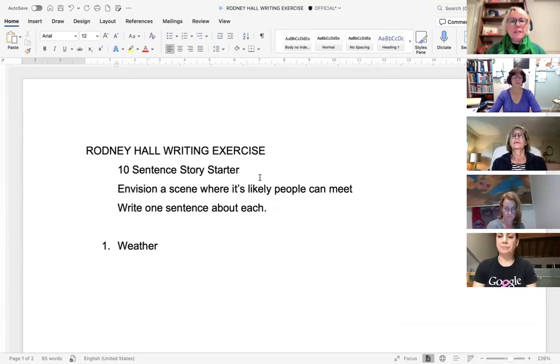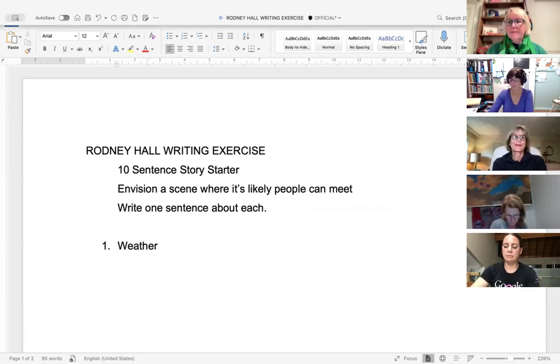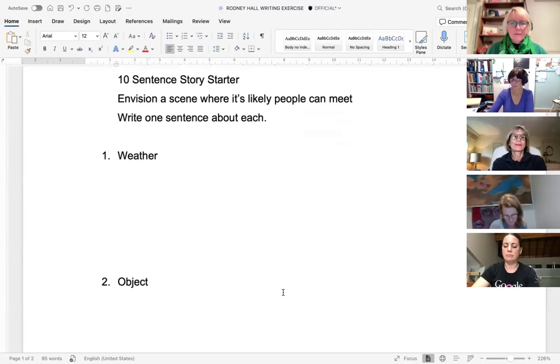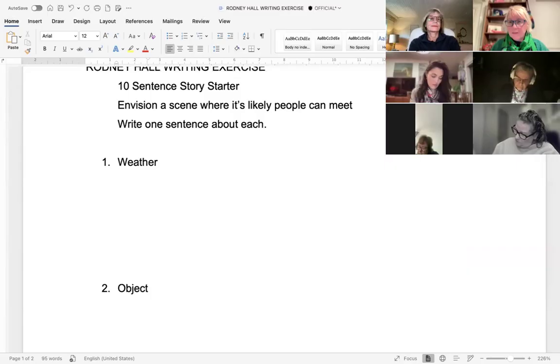Write one sentence about the weather, describing the setting using the weather as your tool. Okay, just writing one sentence about the weather.